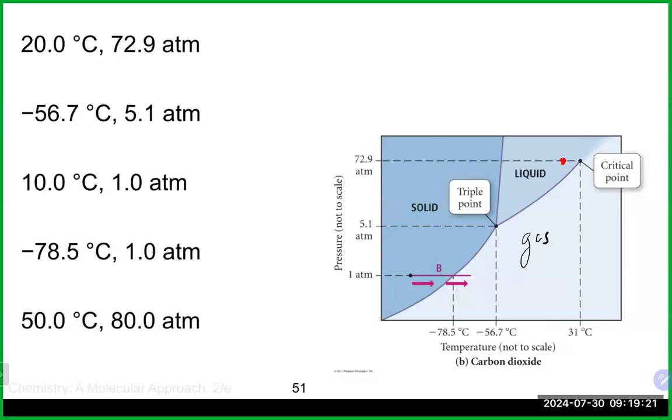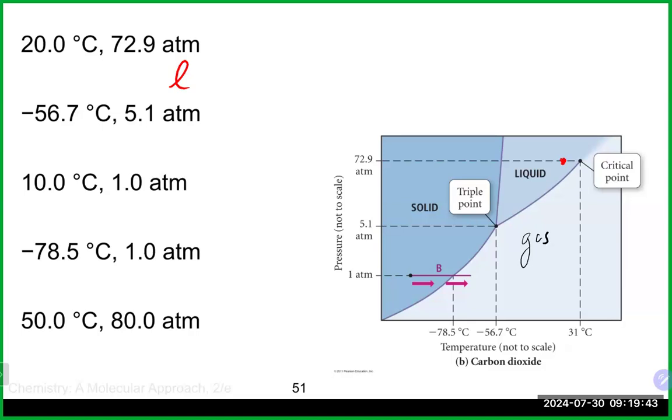And that obviously is in the liquid phase, right? So we would expect CO2 to be in the liquid phase. So that's quite a combination. At 20 degrees Celsius, you need about 72.9 atmospheres to get it into the liquid phase. Normal temperature for us is 25 degrees Celsius or so. So that's an incredible amount of pressure to get that carbon dioxide into the liquid phase.